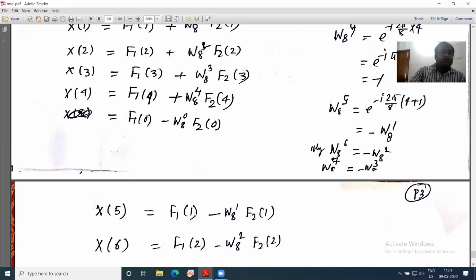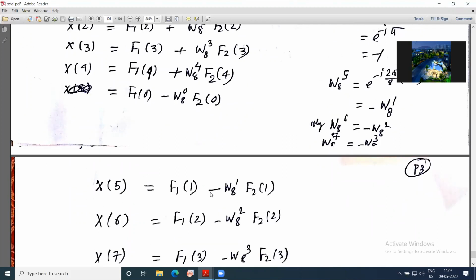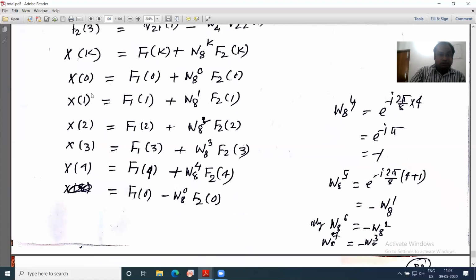So w85 is e to the power minus j2 pi by 8 into 4 plus 1, which we have already derived, minus 1, times e to the power minus j2 pi by 8 into 1, and this is minus w81. I hope you understood this step. So I am writing this as minus w81. Now if I want to write x of 6, it is f1 of 6 plus w86 f2 of 6.